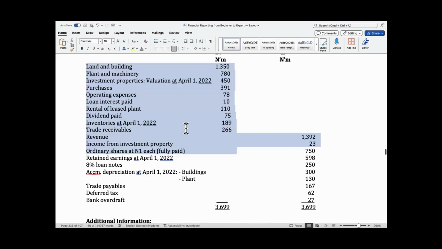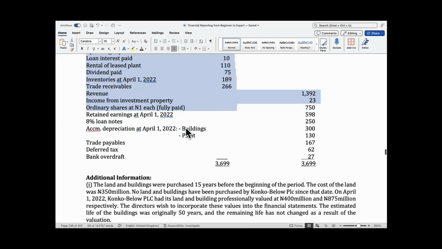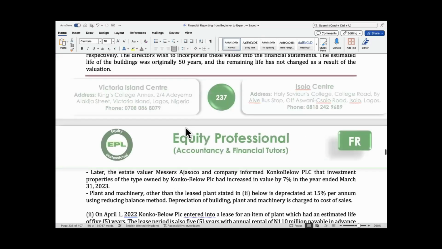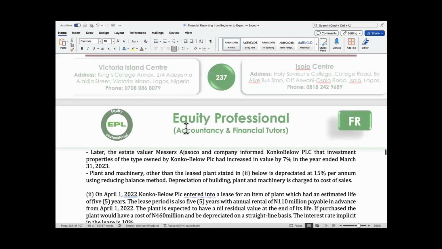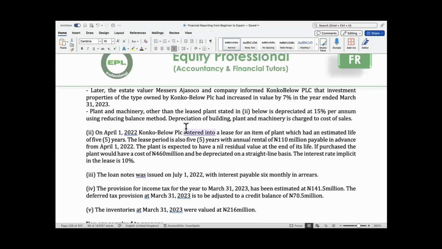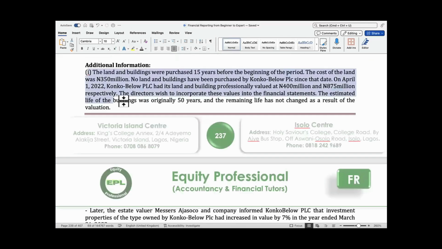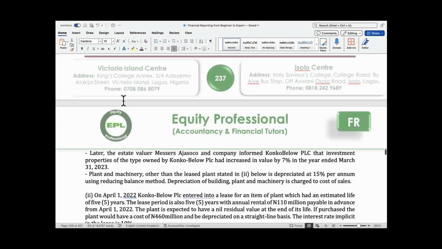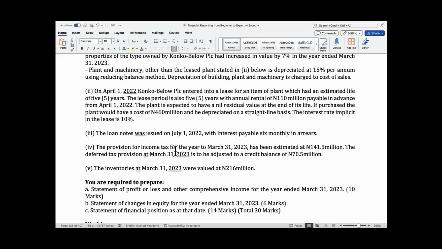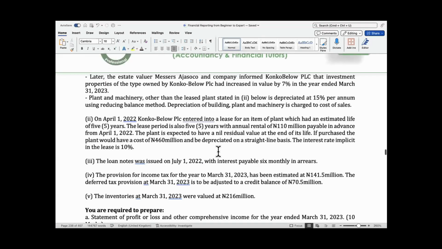It's speaking to probably end of the year adjustments that you need to be aware of, or transactions that happened newly that you need to incorporate in the books, which they haven't. So ideally, you're supposed to look at each of these items and then be able to adjust the trial balance with this additional information given to you, so that you have an updated figure, which you are then going to use to prepare your statements.